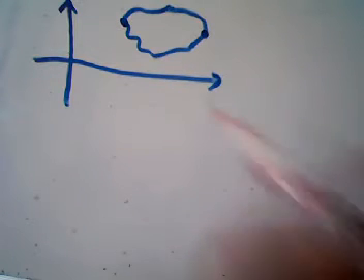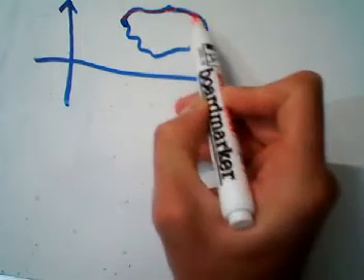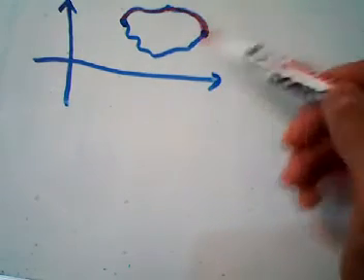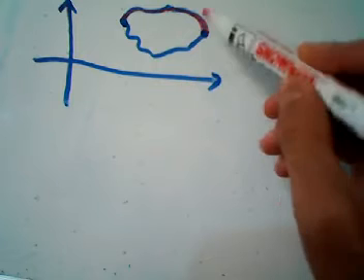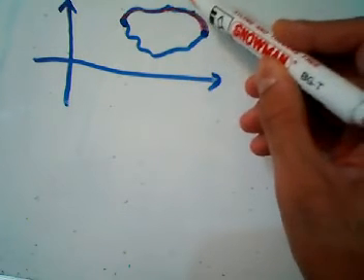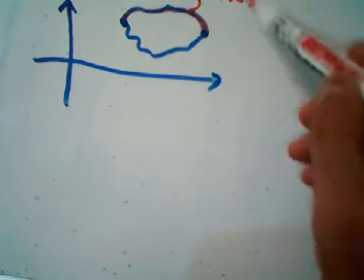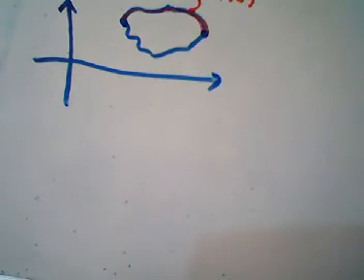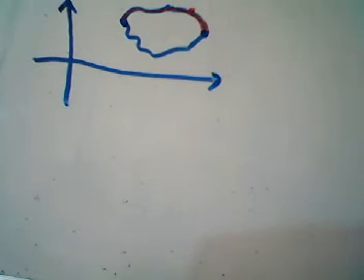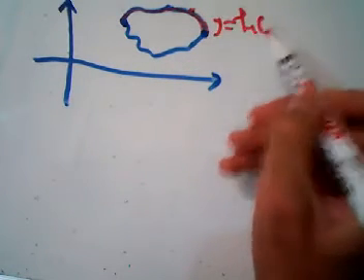Let me draw it. The red one, for each value of x we get one value for y. Let's call that y equals f1(x).